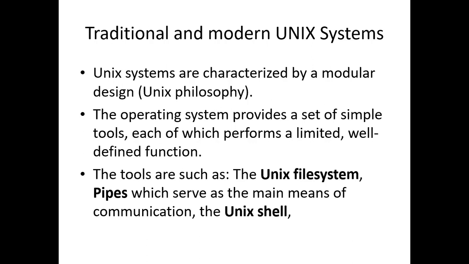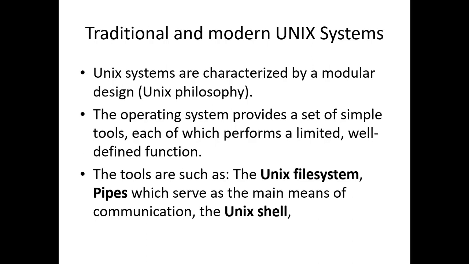Now Unix systems are characterized by a modular design, which is actually the Unix philosophy. And of course, this operating system provides a set of simple tools, each of which performs a limited and well-defined function. Okay, so these modules, we call them Unix philosophies.